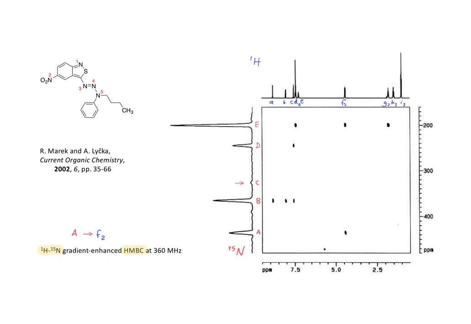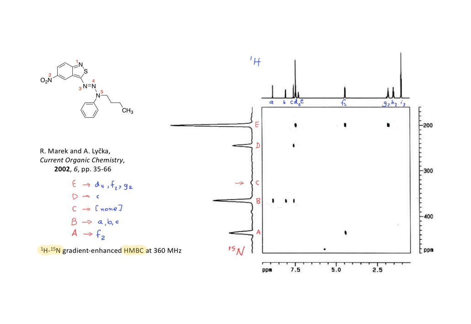For nitrogen B, there's correlation with protons A, B, and C. There are no correlations with nitrogen C. Nitrogen D shows a correlation only with proton C. Nitrogen E shows correlations with protons D4, F2, and G2.